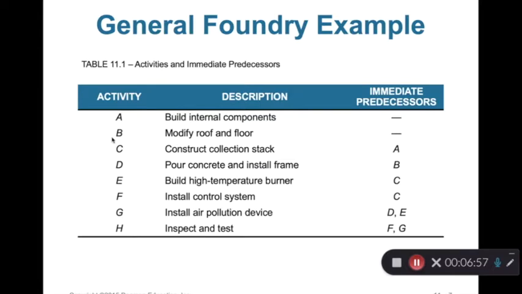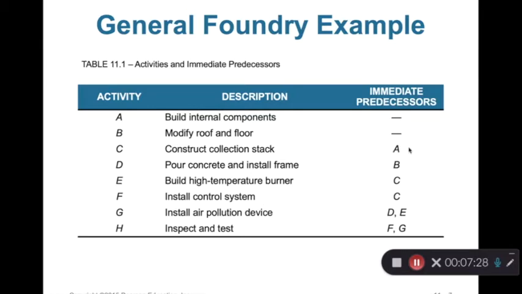And it's the same thing for B. B is to modify roof and floor. The same thing here, B has no immediate predecessors. So also we can see that B is a start point. So A and B are both start points or start nodes. We keep going, look at C and D. C is to construct the collection stack.